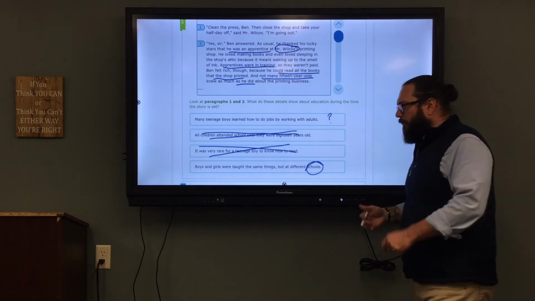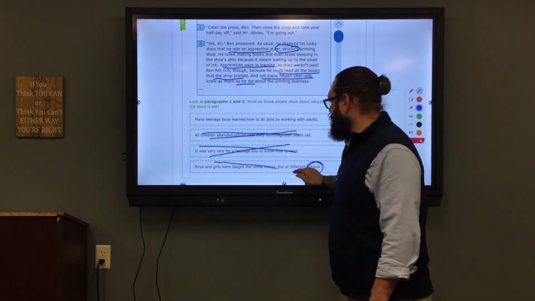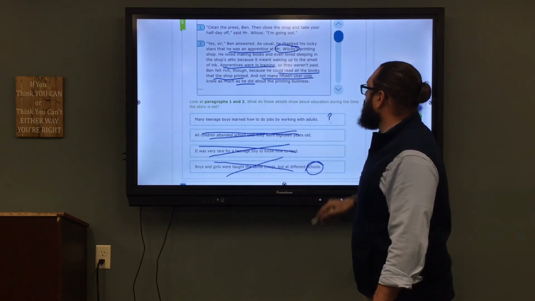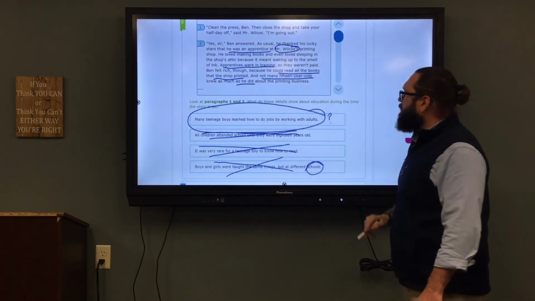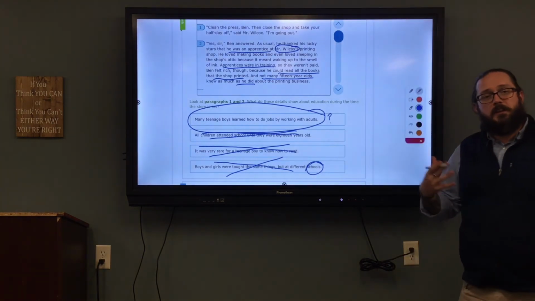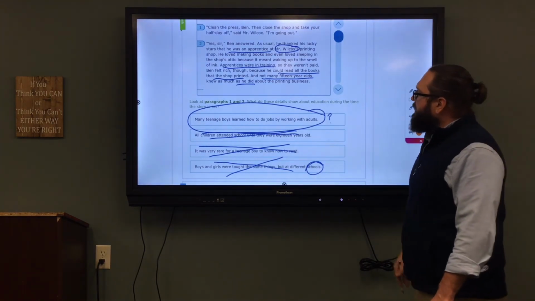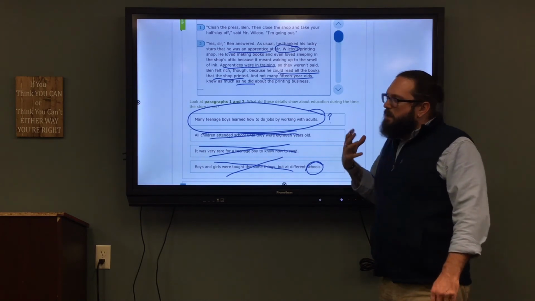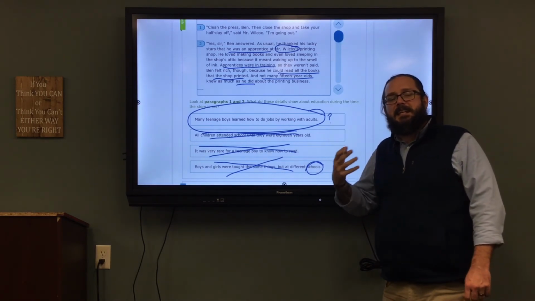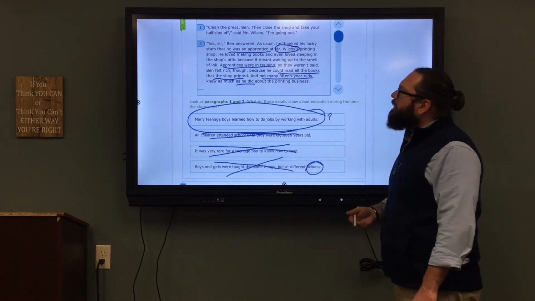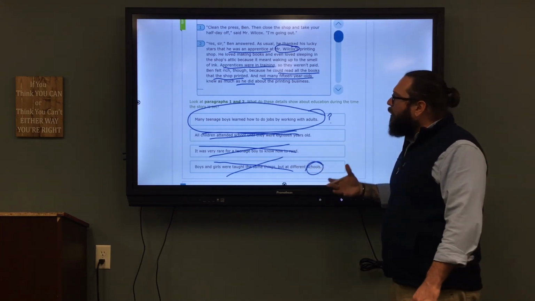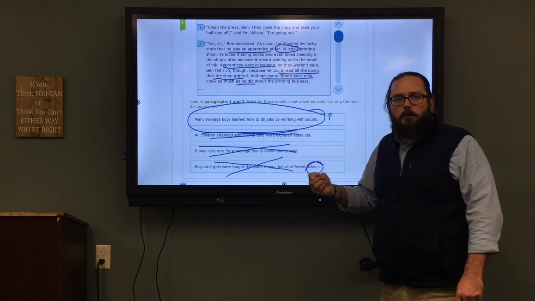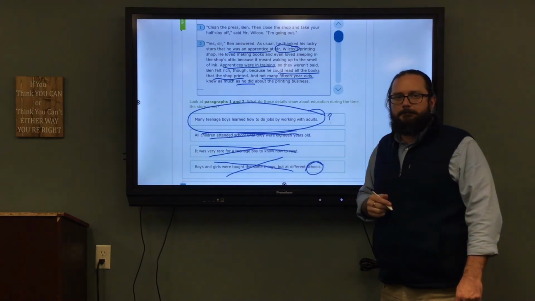So because of that, this option can be ruled out as well. So our first choice, many teenage boys learned how to do jobs by working with adults, seems to be the best inference, the best guess that we can make based on the information presented to us in the passage about how education worked during that time period.